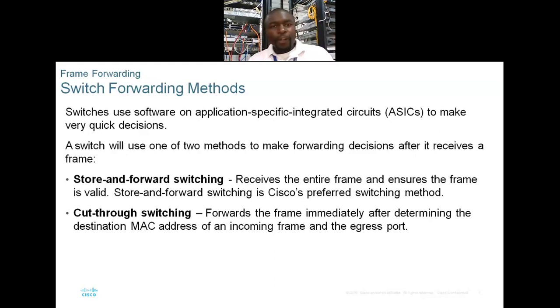So if the FCS or the CRC checks the sizes and discovers that they are not the same, then it's not going to forward the message. But if it is the same, then it means that the message has not been altered, and it's going to send it. That's the store and forward.